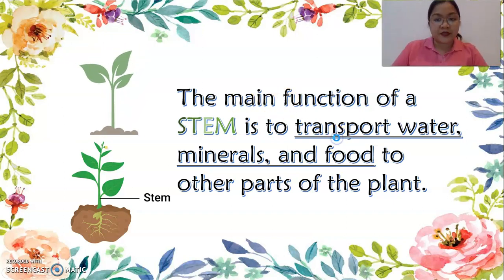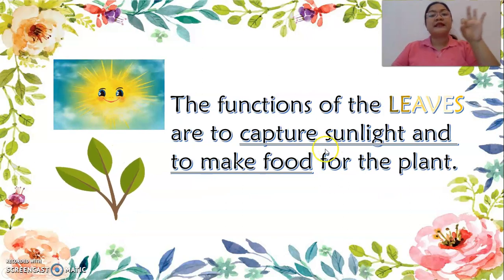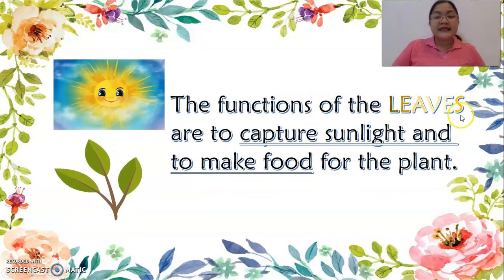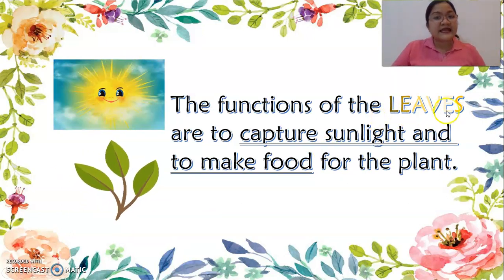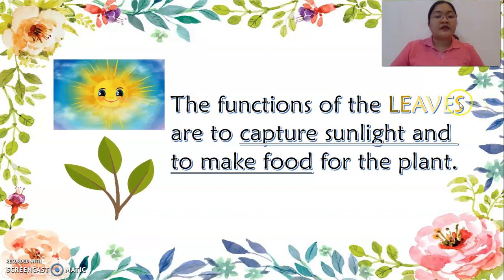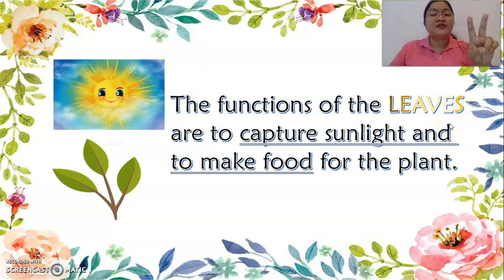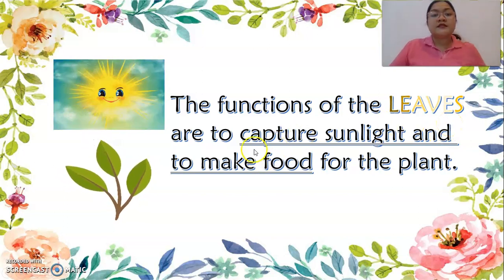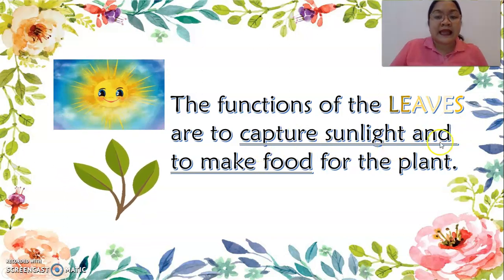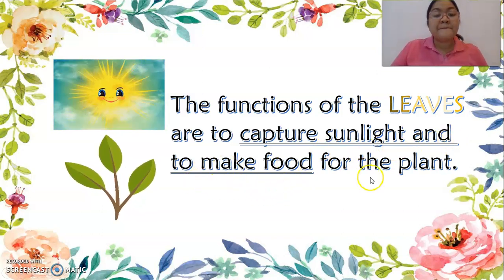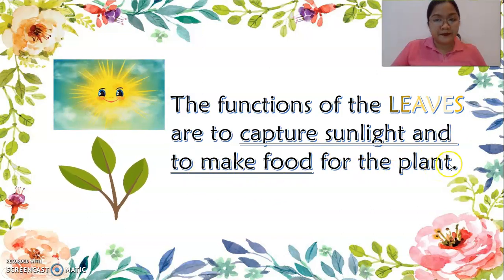Very good. And the last one, number three, we have leaves. Everybody, can you say leaves? Very good. So what are the functions of the leaves? It has two functions. They capture sunlight and make food for the plant.